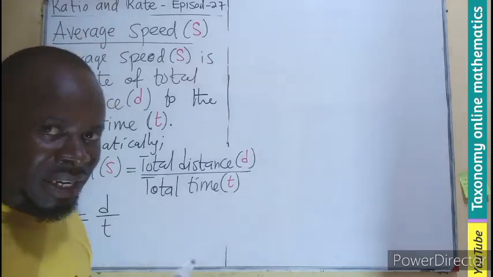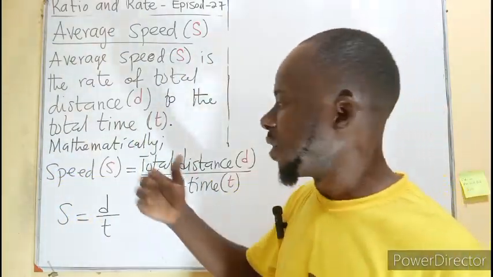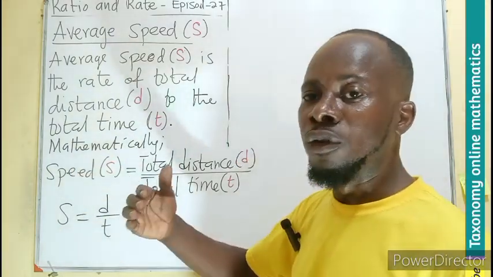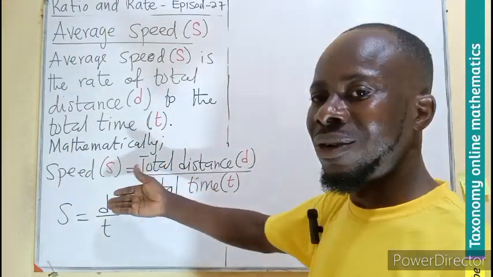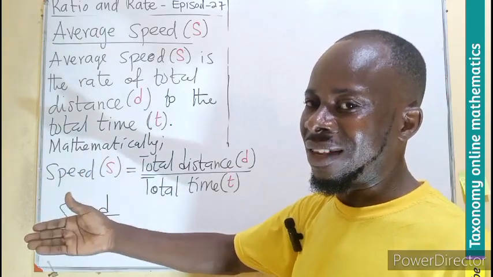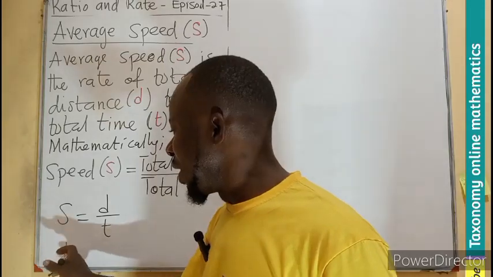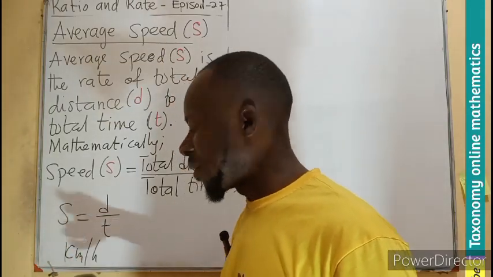Since this deals with different units, the unit of speed will also change in regard to the distance and time. Distance can be in meters, kilometers, right? So we can have speed measured in kilometers per hour.